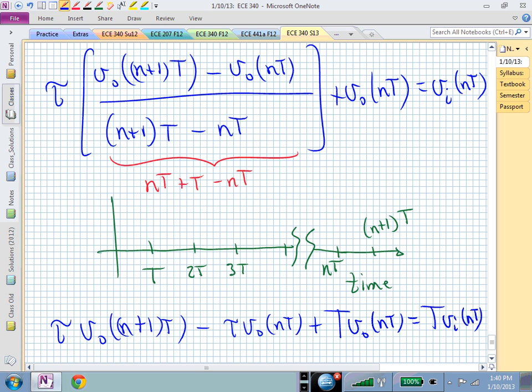What if I divide everything by tau now and put everything except v naught of n plus 1 T on the right?